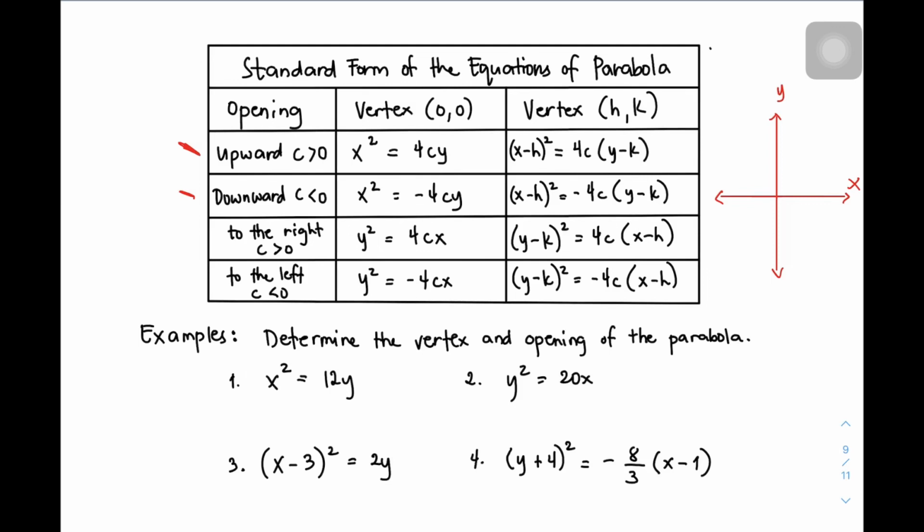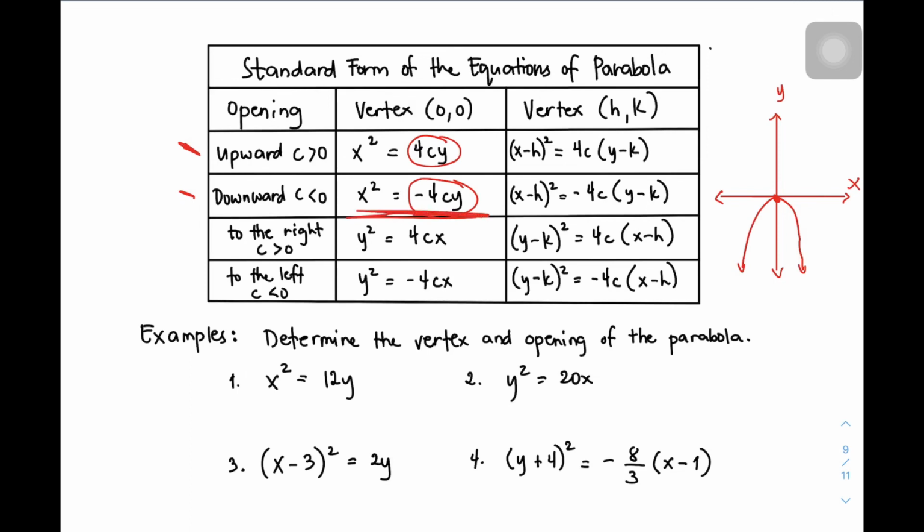Mapapansin nyo dito, yung 4c natin or yung ating c is less than 0, negative. So, ang itsura ng parabola, nag-open downward, wherein the vertex is at 0, 0, ay nandito. This is your vertex. At yung opening niya is pababa. Yan, tandaan nyo, ito yan.